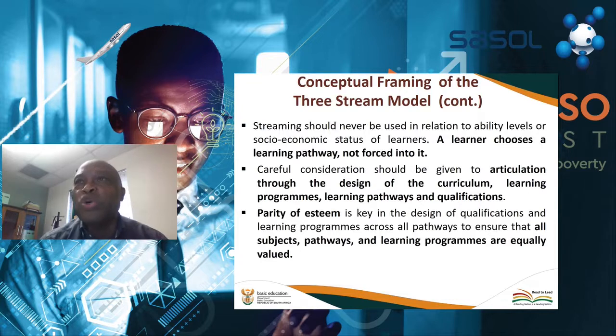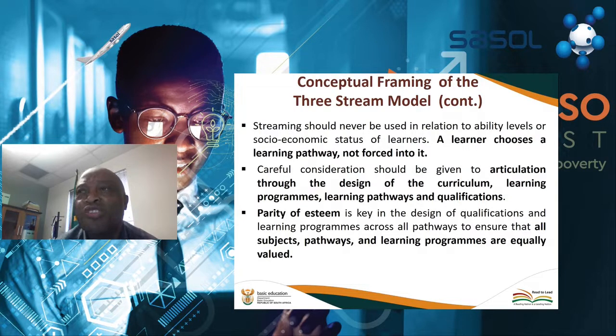Streaming should never be used in relation to ability levels or socioeconomic status of learners. A learner chooses a learning pathway, not forced into it. So in other words, the streaming of learners, for a lack of a better word, into these different learning pathways should be informed by learners' interest, by learners' aptitude in particular.